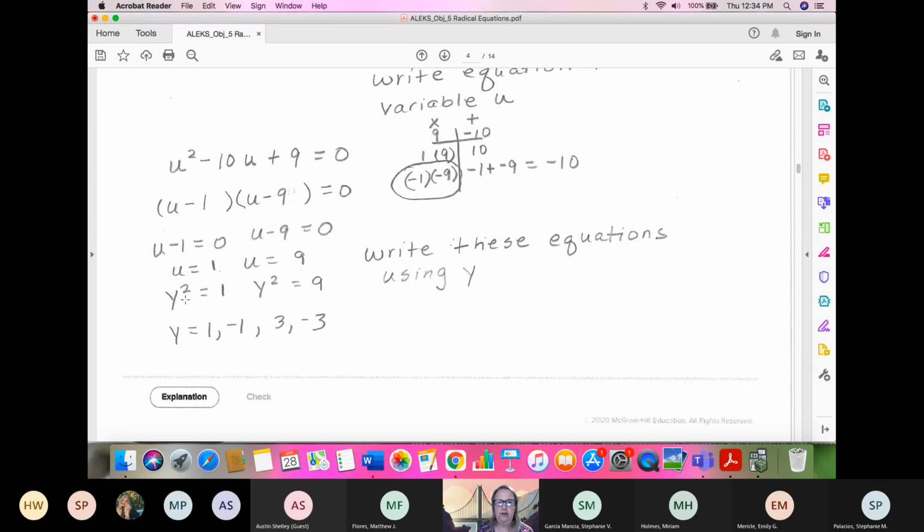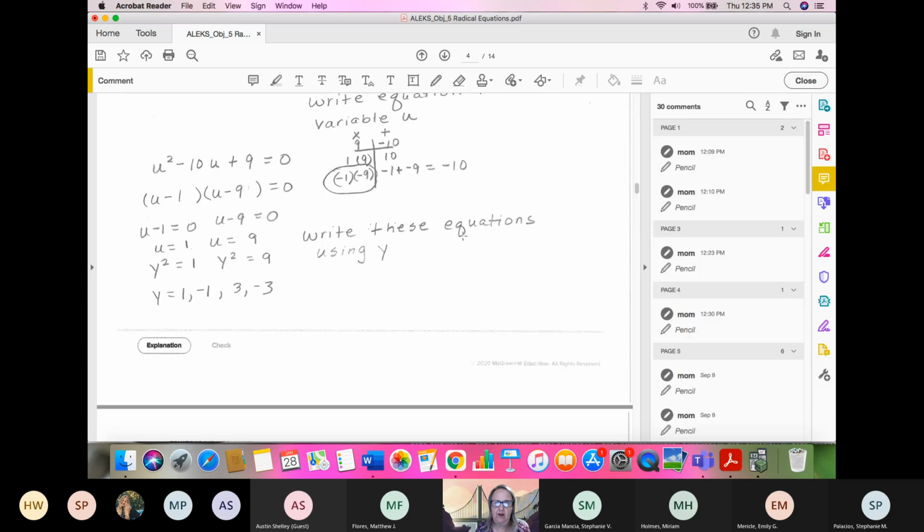So we get y squared here equals 1. We get y squared equals 9. Just copy these 1s and 9s down. So we're talking about now needing to solve these little equations here. In other words, we need to solve y squared equals 1, and we need to solve y squared equals 9. So we've got these little equations that we need to solve right now.